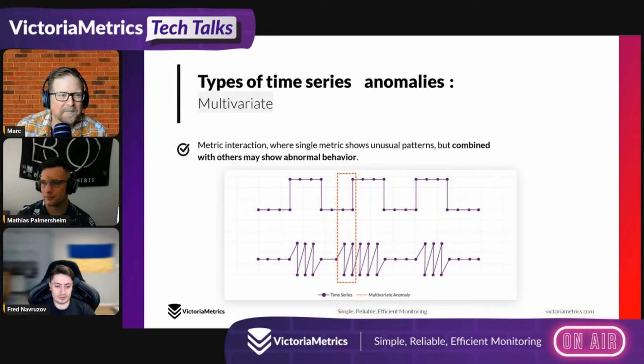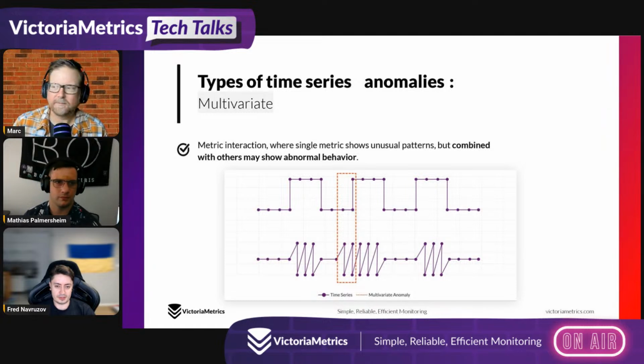And the third type of specific anomaly for time series is when you observe not only one time series but several at a time. For example, consider metrics like CPU utilization per instance or per application, maybe RAM utilization, maybe disk I/O. When you observe all of these time series at once, you can see some strange patterns, but if you observe them one by one, they look normal.